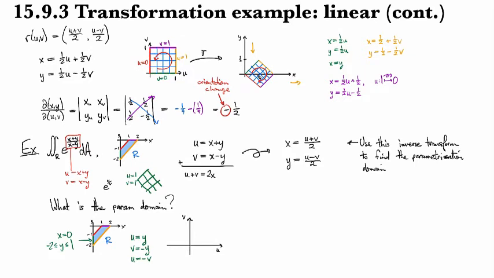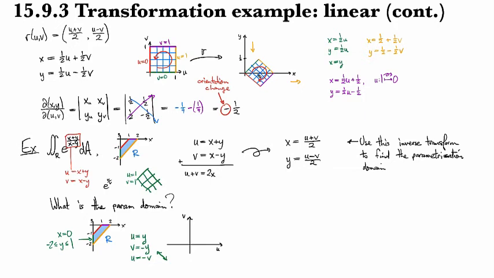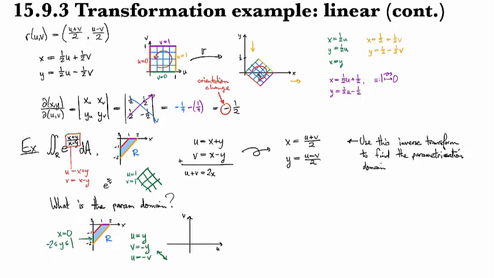So that's a diagonal line going this way in the uv plane. And we're going from y equals minus 2 to minus 1. So that means that v is going to be going from 1 to 2. Okay, so it's this one. All right.